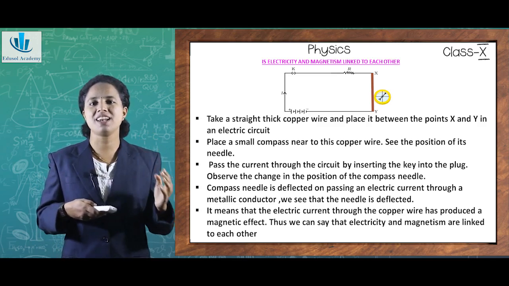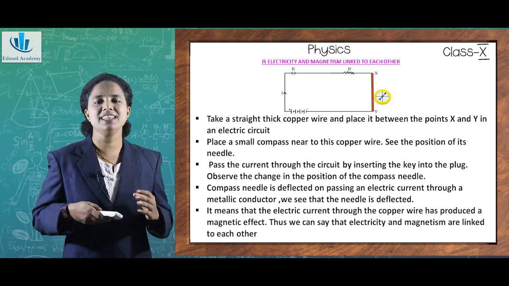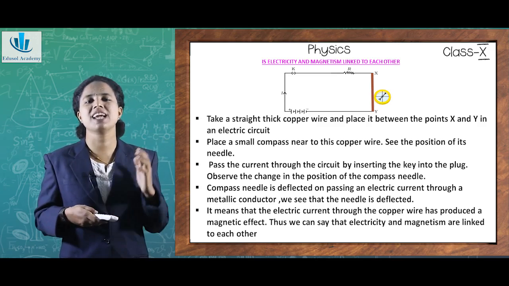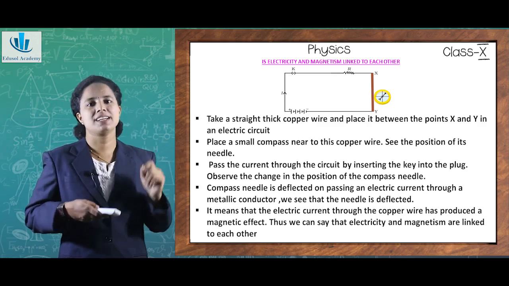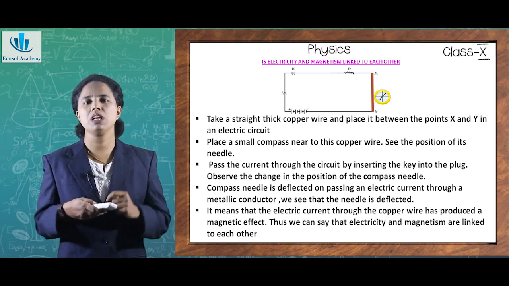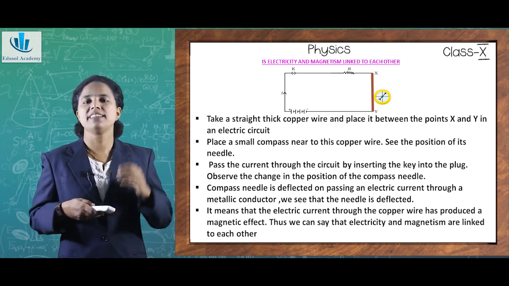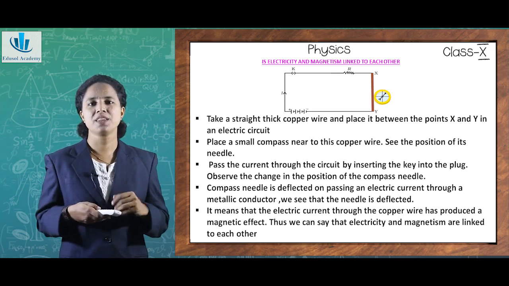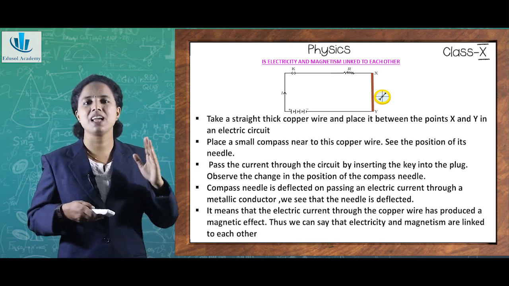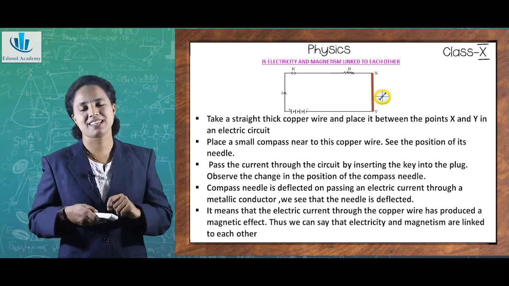Now we need to analyze the change in position of the compass needle. You can see that the compass needle which we have placed is deflected on passing the electric current through the metallic conductor. What do you infer from this experiment? We can observe that the electric current through the copper wire has produced a magnetic effect, and this magnetic effect affects the needle of the compass, and the compass needle deflects.